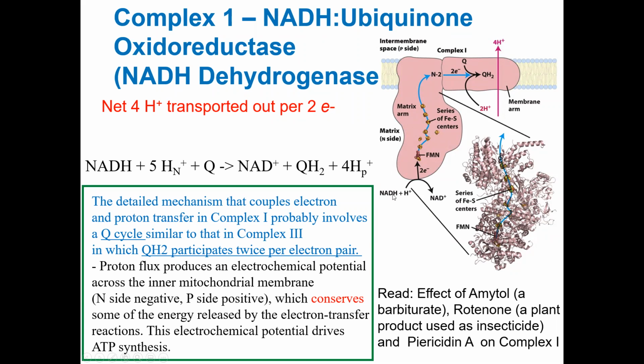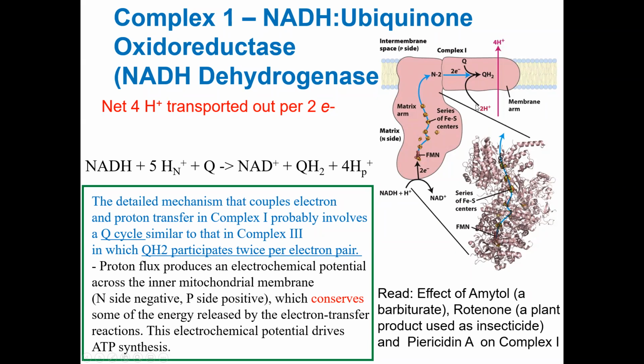So what will happen? NADH will come and transfer the 2 electrons to the FMN center, shown here. And those electrons then flow through a series of iron sulfur centers, eventually going into the membrane and transferring themselves to the lipophilic electron acceptor ubiquinone Q. And so ubiquinone becomes the reduced form of ubiquinone, which is ubiquinol, QH2. And in that process, conversion of quinone Q to QH2 sucks up 2 protons from the matrix side.